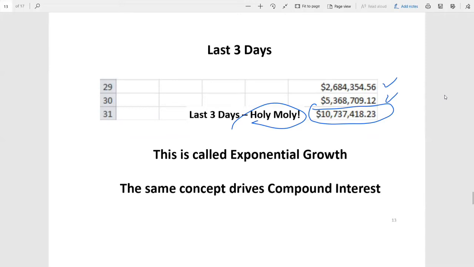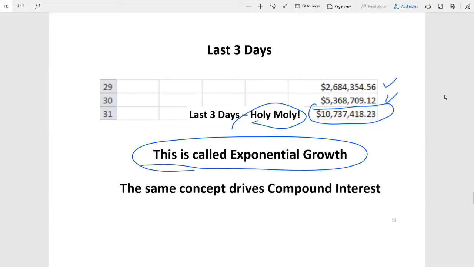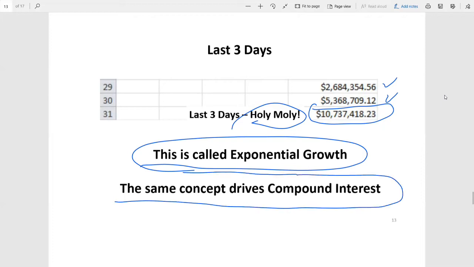And if you add all this up, you've made probably 20-something million dollars. Now, this is called exponential growth. And this same concept drives what we call compound interest.